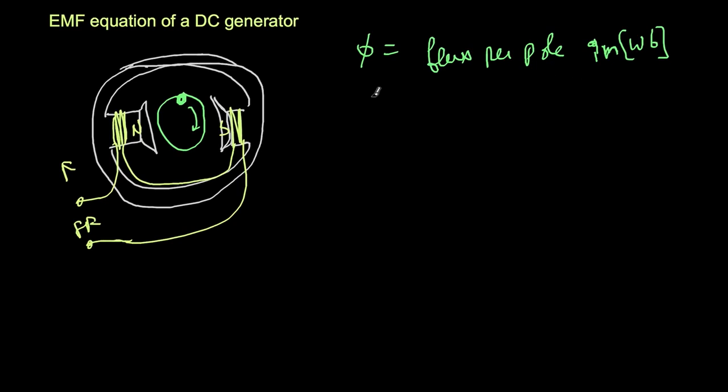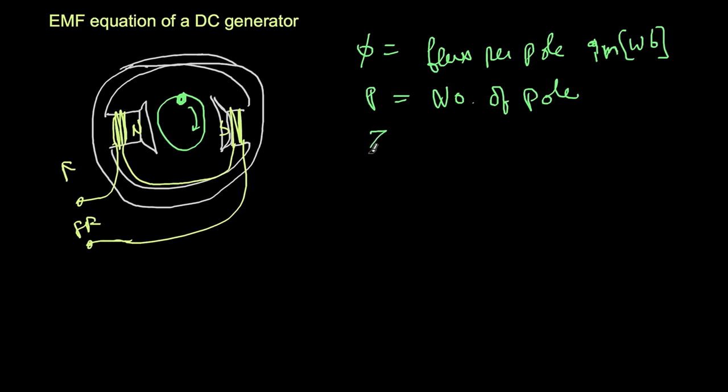Now P is the number of poles. For this diagram, P equals 2. But there could be a 4 pole machine, 6 pole machine, 8 pole machine, 12 pole machine, 20 pole machine, whatever. The number of poles can be any even number, as far as the construction of the machine allows you to construct.